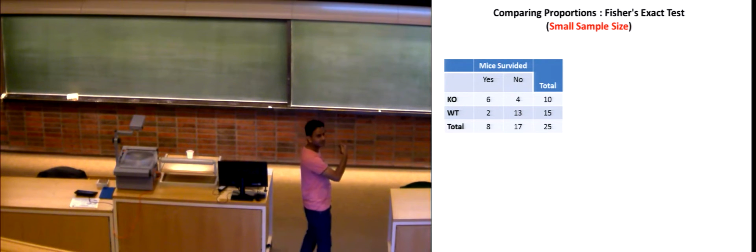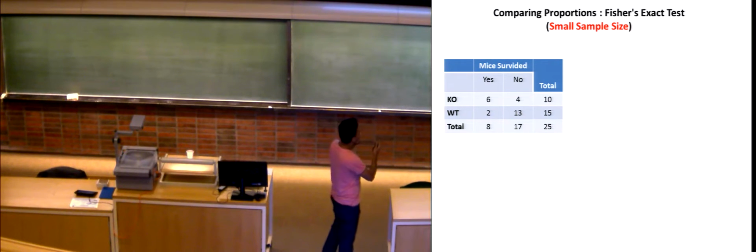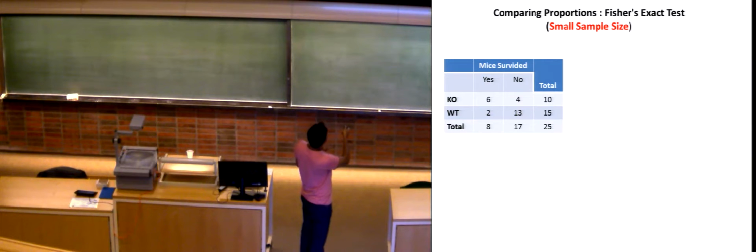So you have a similar situation. Now it's got the wild type and the knockout, because this is with respect to mice, I thought, right? And by the way, this is not an experiment. I generated this; it is a hypothetical experiment, right? So for the knockout, I thought we have 10 mice, and out of them, when you follow them doing this experiment, you found that 6 of them survived, 4 died or were killed or whatever.